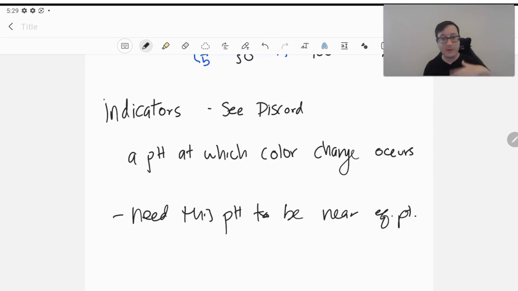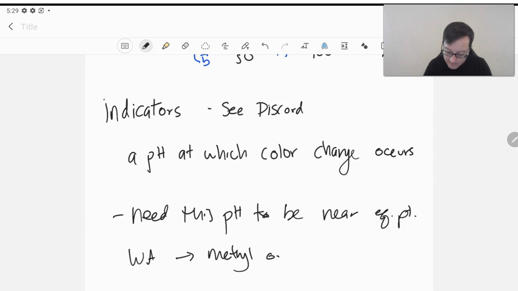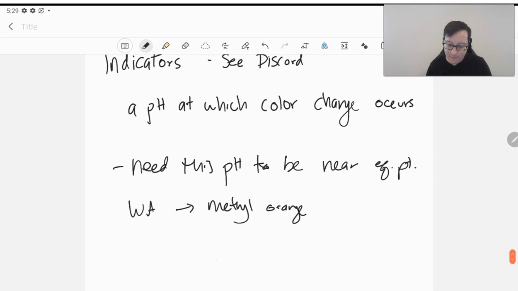So for strong acid, strong base, you can use almost any, because the pH changes so drastically. But if you have a weak acid, you probably want to use something like methyl orange or methyl red. And these have pH changes around higher pHs.